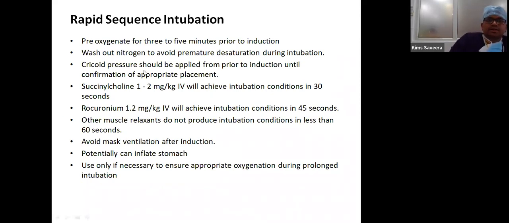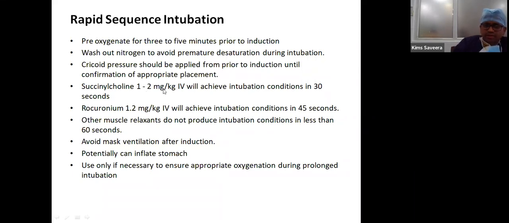When it comes to rapid sequence induction, which we use in ERs and ICUs, we do pre-oxygenation for 3 to 5 minutes prior to induction to increase the apneic time, wash out the nitrogen, and prevent premature desaturation. Then we apply cricoid pressure prior to induction until confirmation of tube placement.